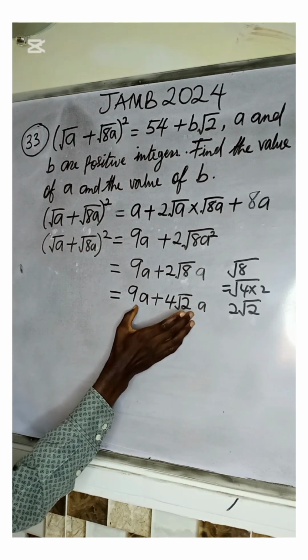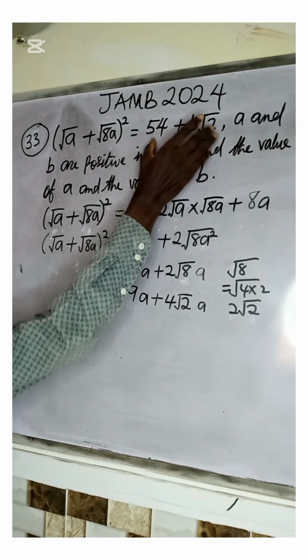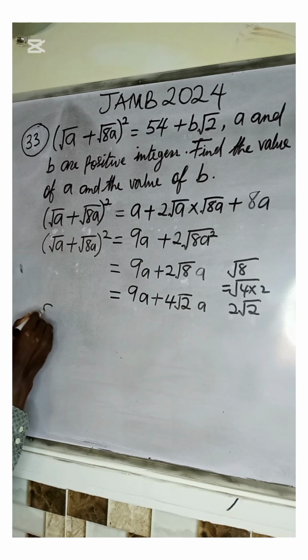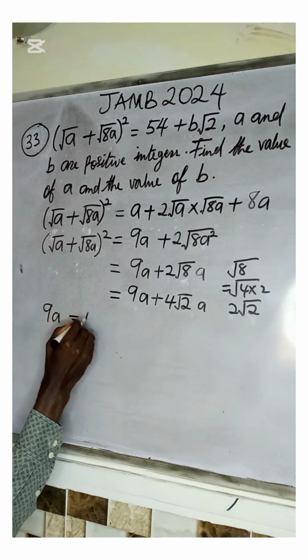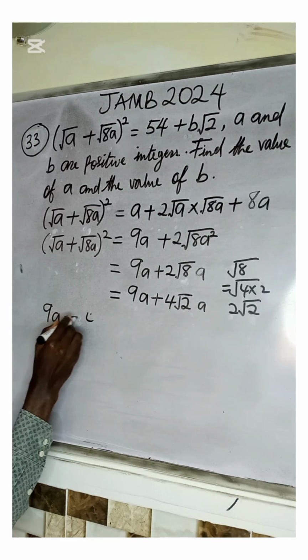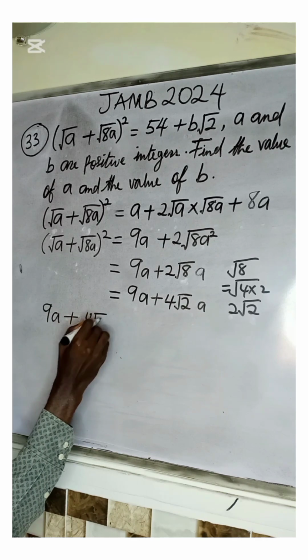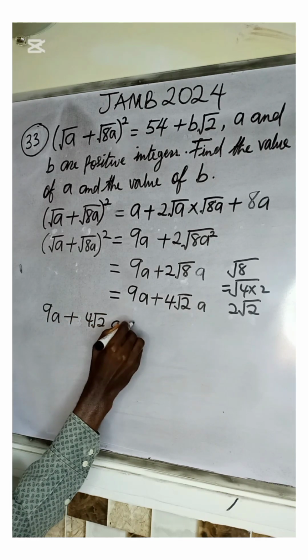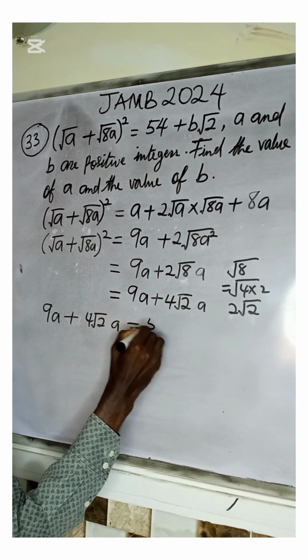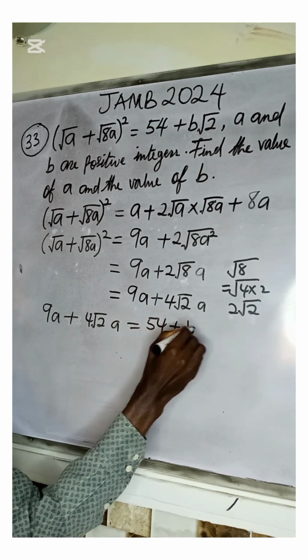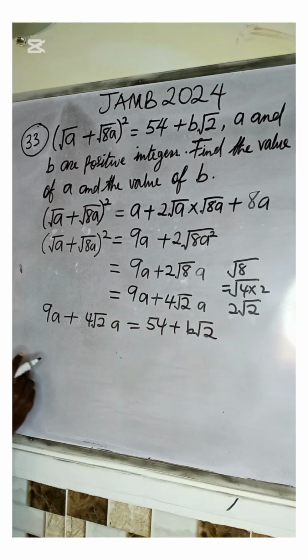So we now use this, we compare it to the right hand side. So 9a plus 4√2a equal to 54 plus b√2. I'll first of all compare 9a and 54.